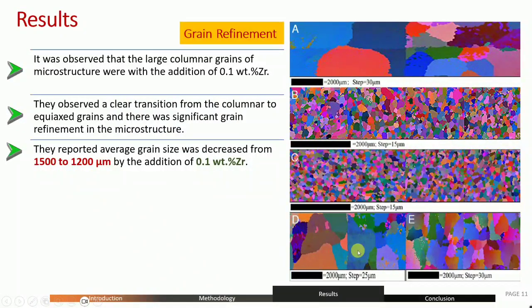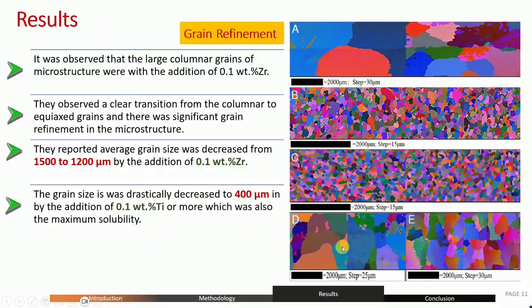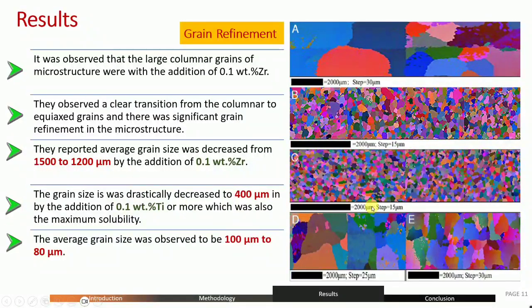This is the range that they are getting by adding 0.1% zirconium. But when they add even 0.1% titanium, they are getting 400 micrometers. So it is extremely less compared to zirconium. Just see the figures there. And the average grain size after complete refinement was 100 micrometers to 80 micrometers.